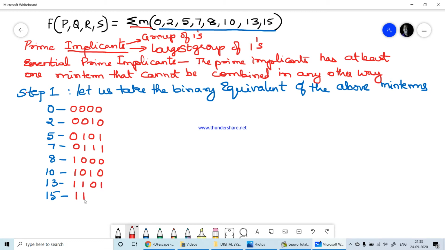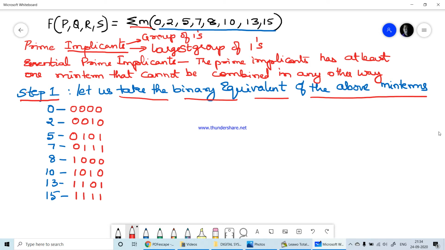And 15 is all ones. So this is the first step we use in solving the problem: we take the binary equivalent of the above min terms.